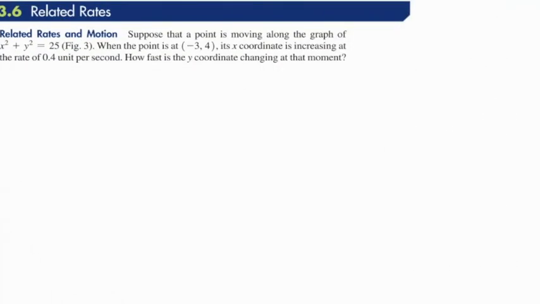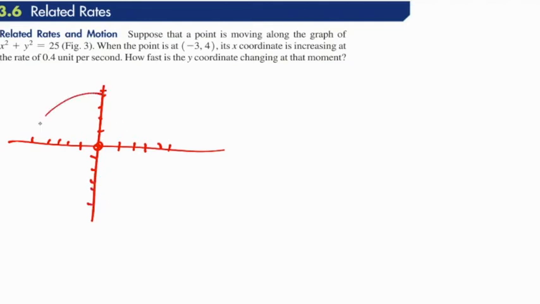So here's another related rates with motion. Now we're talking about a point moving around a graph, and we should recognize this graph, x squared plus y squared equals 25, is a circle with radius 5. And it says, suppose that the point is moving along this graph.